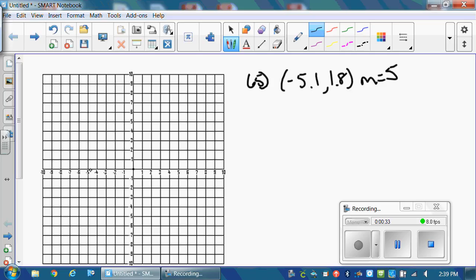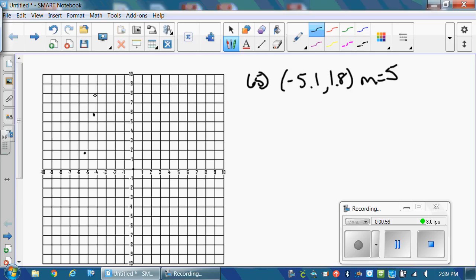So -5.1 is just a little past -5, and then up 1.8. So I'm looking at about in here. And a slope of 5 will mean up 5 and over 1.